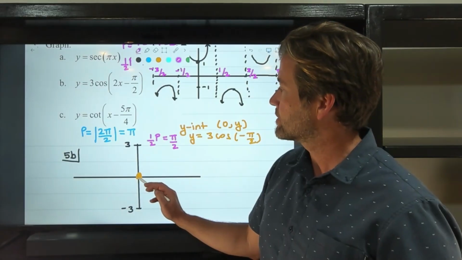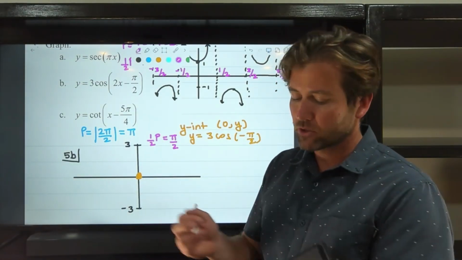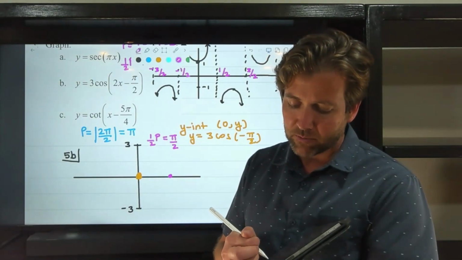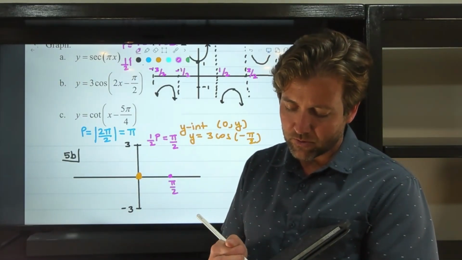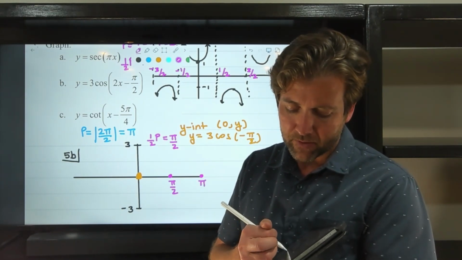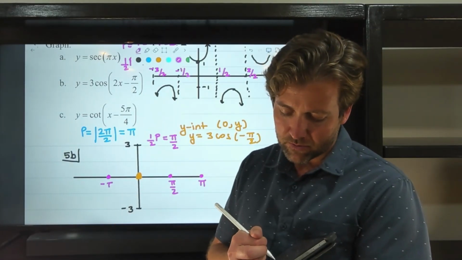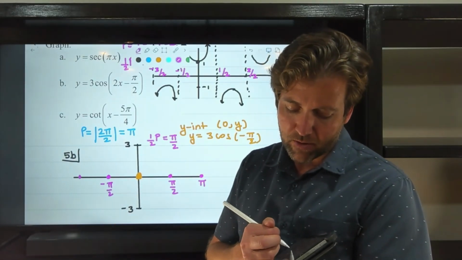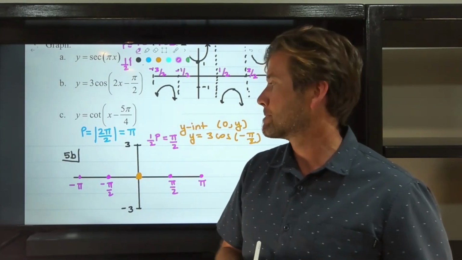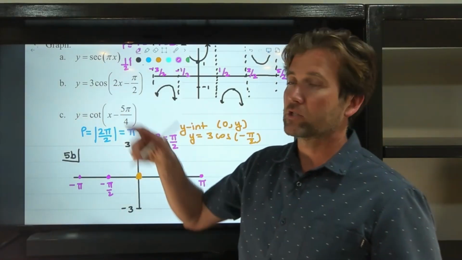The x-intercepts are half a period apart. So if we have an x-intercept at the origin, the next one has to be over here at pi over 2. This one will be at 2 pi over 2, or pi. From 0, 0, I go left pi over 2. Go left pi over 2 again, I get negative pi. So those are my x-intercepts for this function.